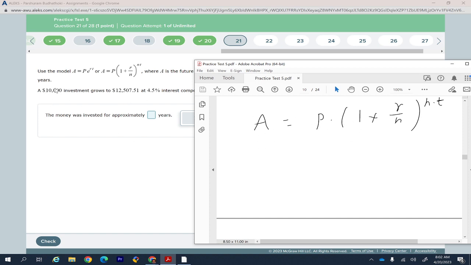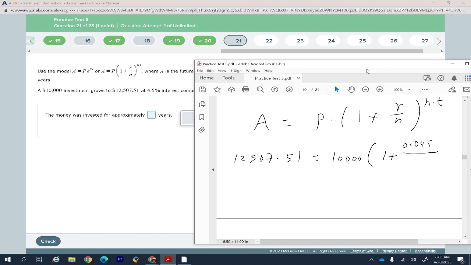This $10,000 investment grows to $12,507.51, so that means the principal is 10,000, and the amount in the future, A, is 12,507.51, equal to 10,000 times 1 plus the rate, which is 4.5%, written as 0.045. Whenever you see a percentage, always divide that number by 100 and write that down.